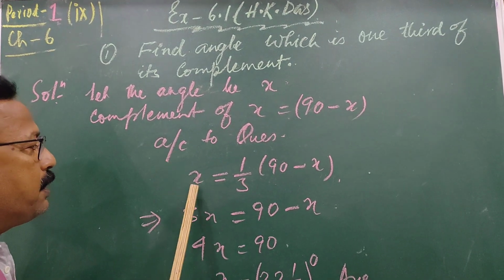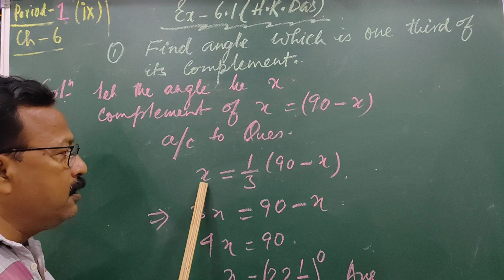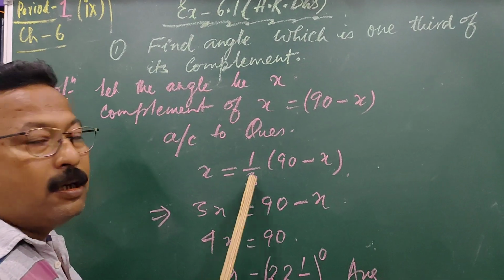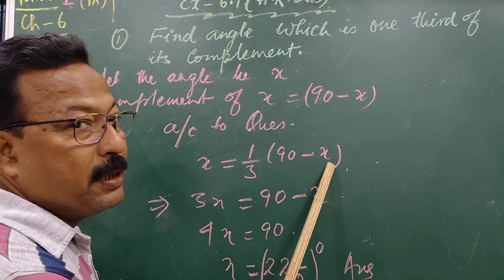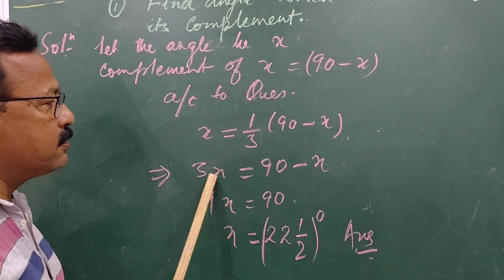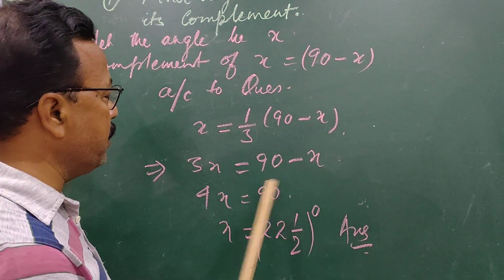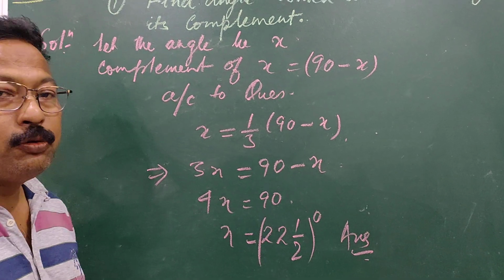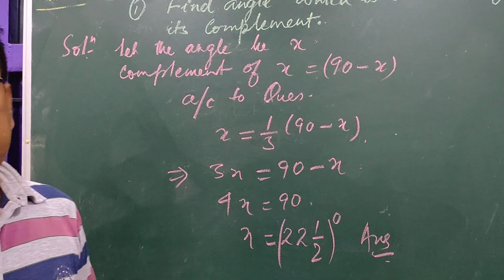Hence the equation becomes x equals 1/3 of its complement. After calculation, 3x equals 90 minus x, and x equals 22.5 degrees.